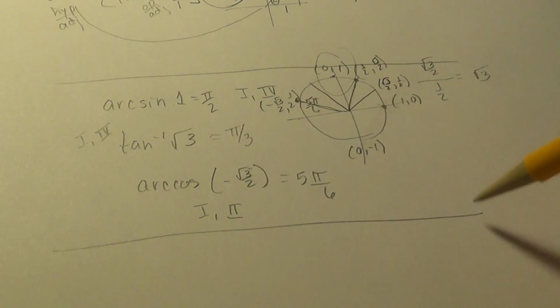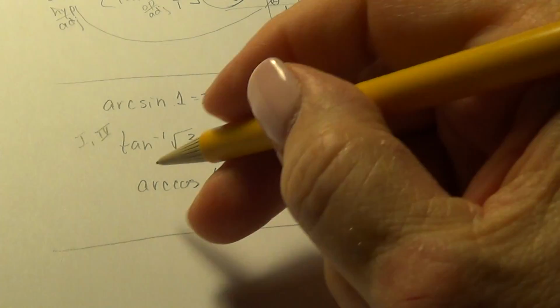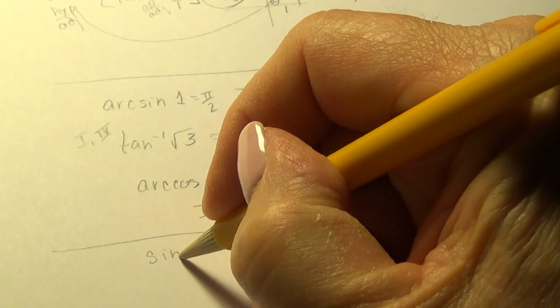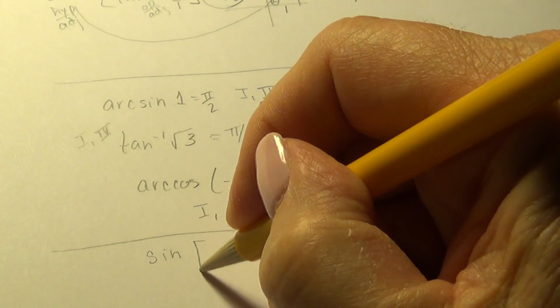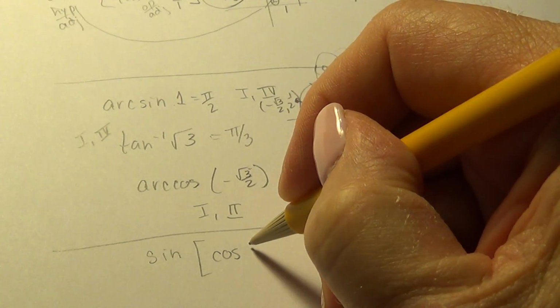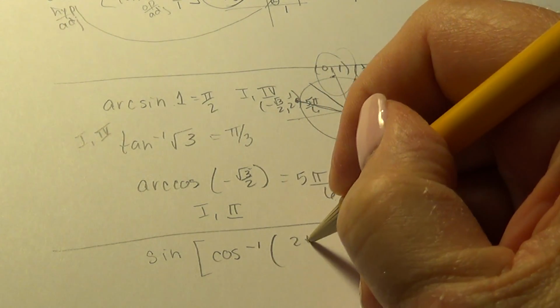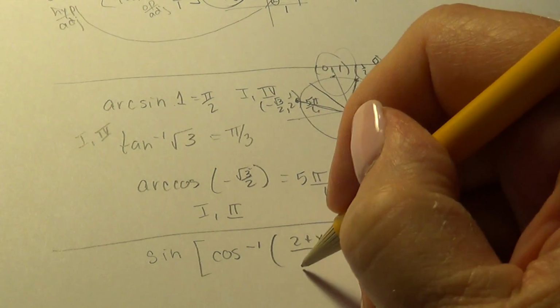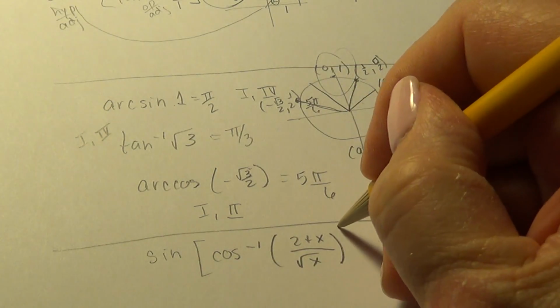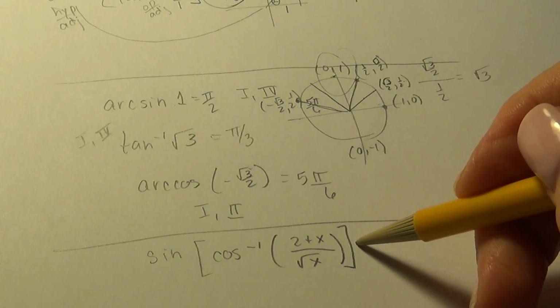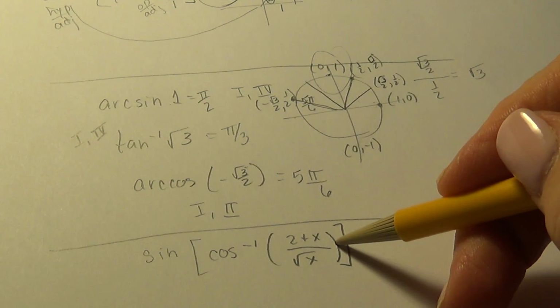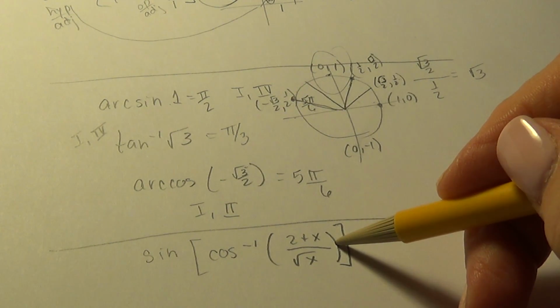All right, so inverse trig, the last one we'll do is the trickier one where you have an expression inside of the inner chamber here. And we'll make up one. Let's say the arc cosine of 2 plus x over the square root of x. So you're definitely not going to find an angle that has this as its cosine on the unit circle.